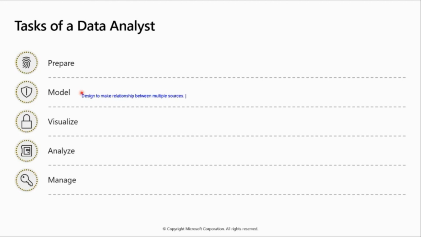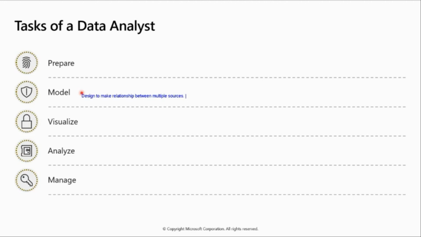When you are using these sources, they are designed to make relationships between them, because generally whenever we capture our data, that data initially appears to us in a form that can be from anywhere. It can be from an Excel sheet, it can be from CSV. We can use a combination of data as well, or only a single data source. They are all different types of tasks which we generally perform.